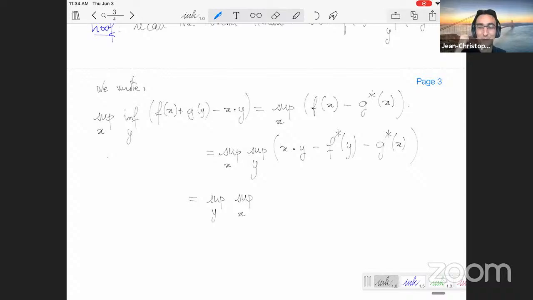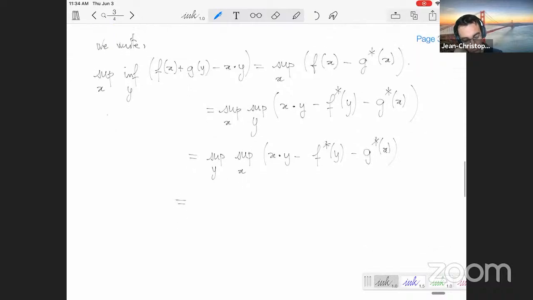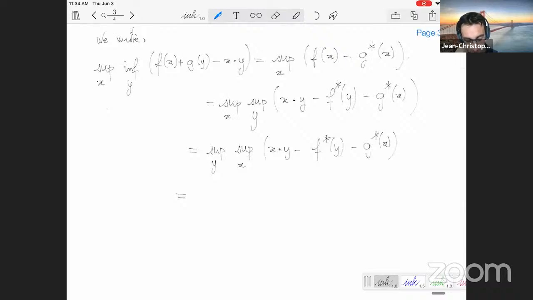Thankfully, someone pointed out that they're over different variables. And now when I do the sup over x, I recognize x dot y minus g star of x, this is g of y. So this is the sup over y of g of y minus f star of y. And now I rewrite f star of y according to its definition.